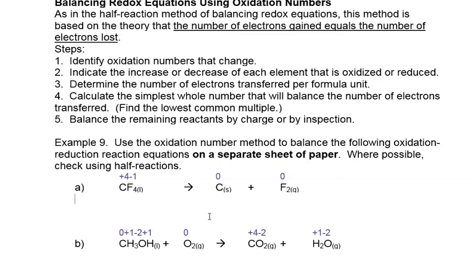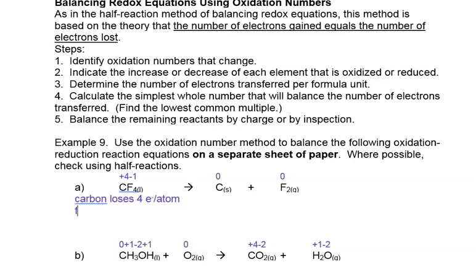So with that one, I'm just going to write this in here: the carbon is going from +4 to 0, so it's losing 4 electrons. And we're going to do something a little weird here. We're going to say not just 4 electrons, but 4 electrons per carbon atom, or just per atom.